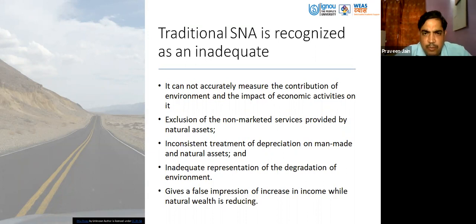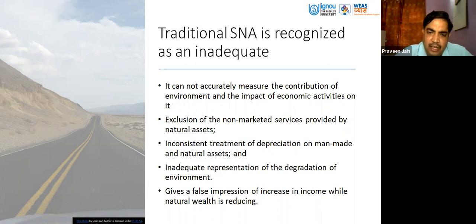And the traditional system of national accounting gives a false impression of an increase in income while natural wealth is reducing. Like we have discussed in the case study of Goa, where the state domestic product was higher, but when the researchers calculated the green SDP, it was actually less than the SDP.